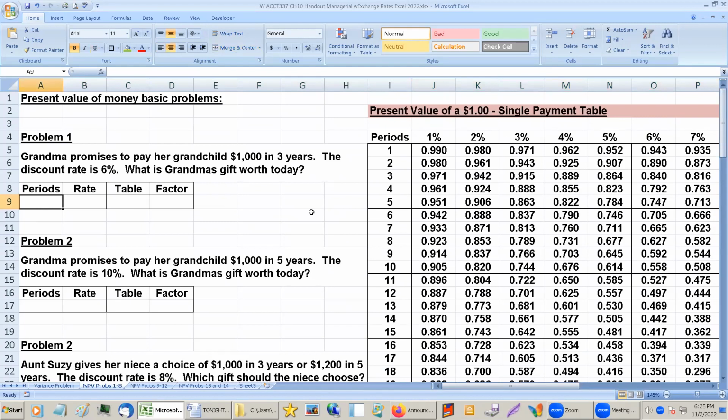So let's see here. We have 3 periods. The rate is 6%. The table is single.